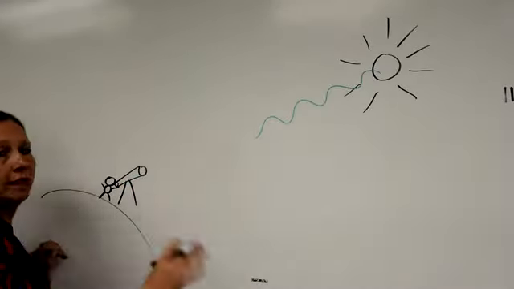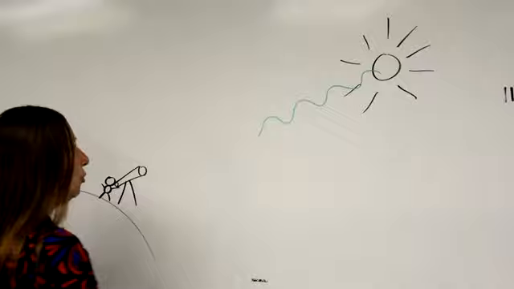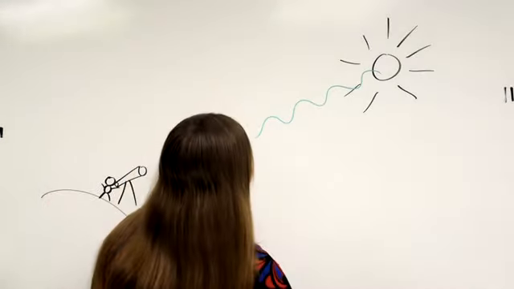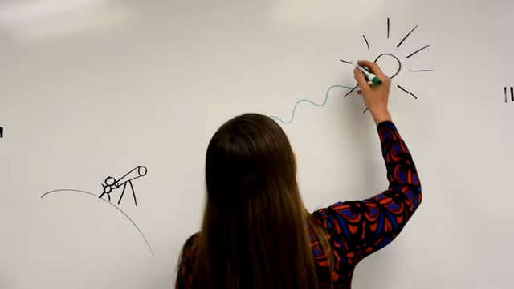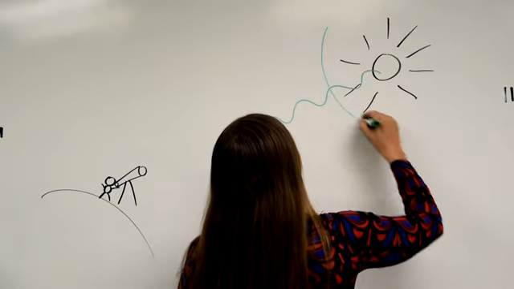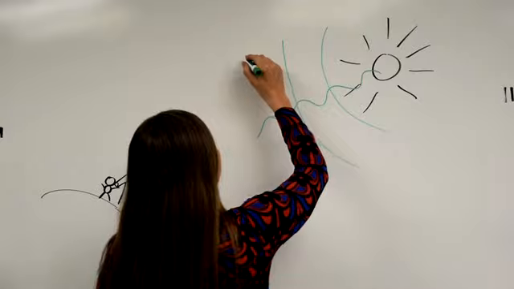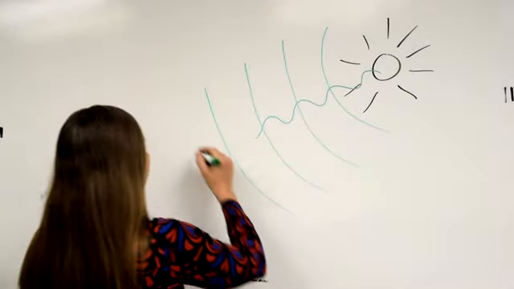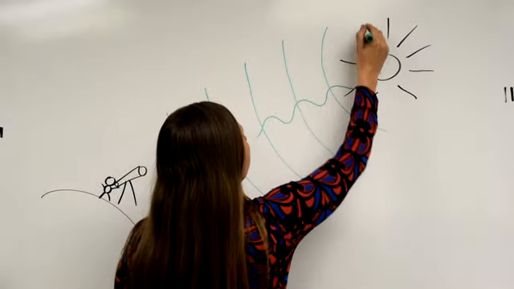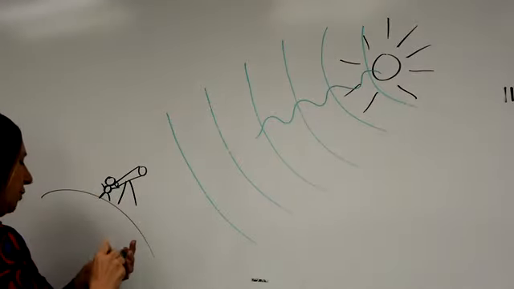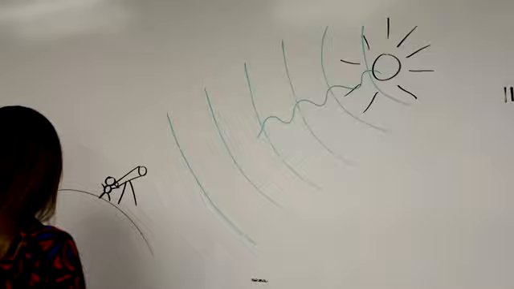The wave fronts from the green light might look something like this. Notice I'm keeping them the same distance apart.